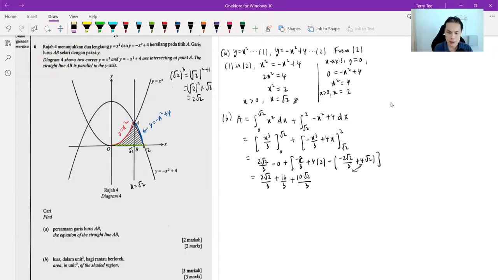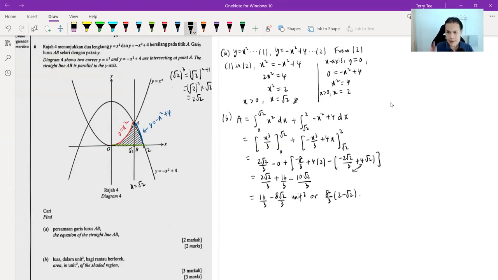There's a negative here, so I made a mistake. This is a minus here. So when you subtract, you get 16 over 3 minus 8√2 over 3. Well, we can stop here, or you can factorize if you want, but it's actually not necessary. Some students may say, why don't we put 8 over 3 times (2 minus √2)? Yeah, you can. It's the same thing.